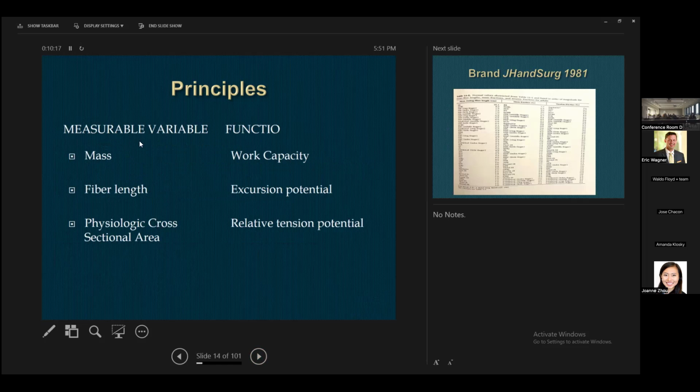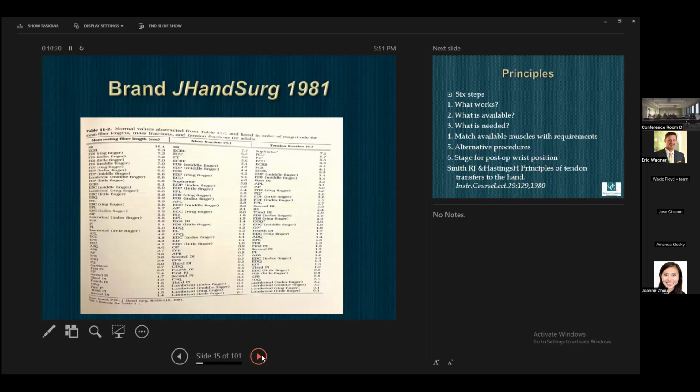And the measurable variable is mass. Mass is work capacity. Fiber length is excursion potential. And physiologic cross-sectional area is relative tension potential. And then this is from JHS in 1981: for every muscle in the upper extremity, he has their fiber length, their mass fraction, and their tension fraction.